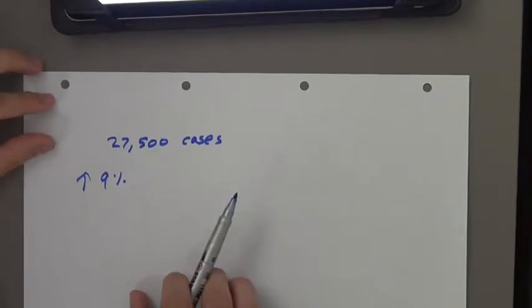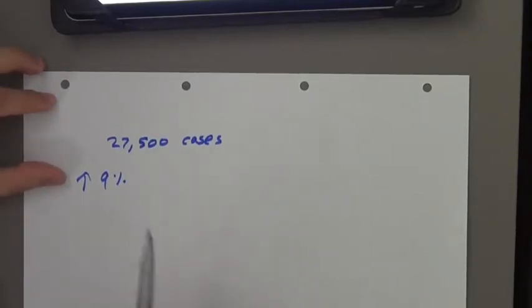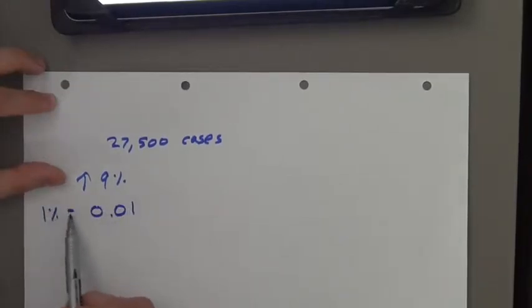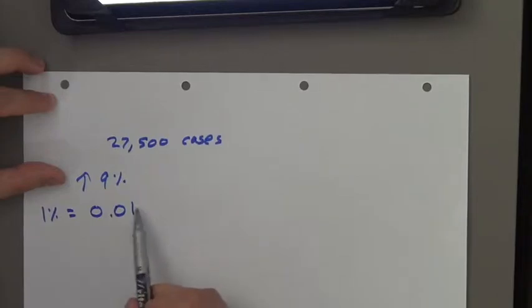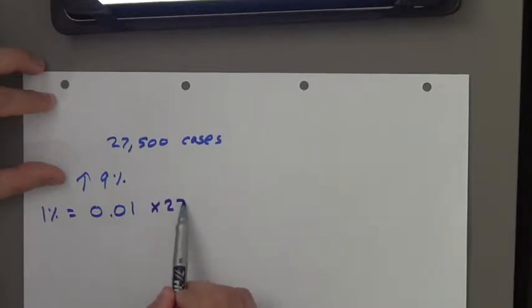So first of all, we need to work out what 1% is of 27,500. So 1% is equal to 0.01. So I'm going to do 0.01 times 27,500.